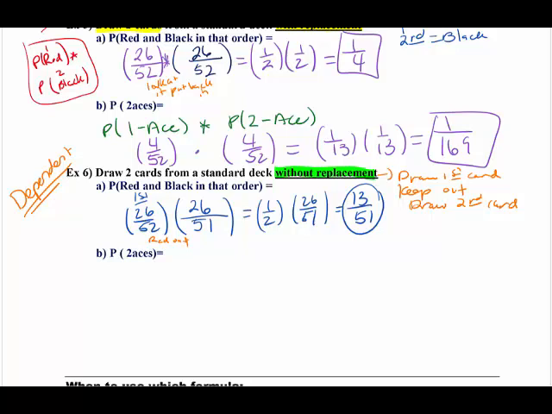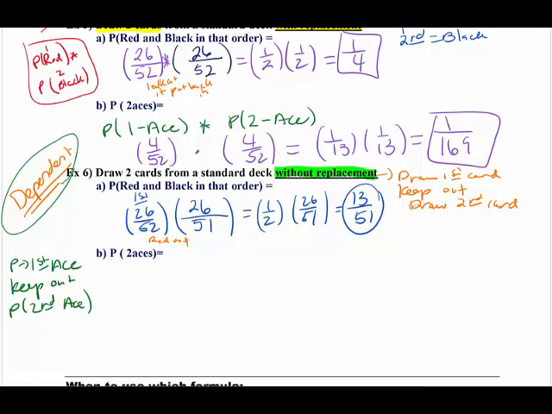So my last one here, I have 2 aces. Again, this is a dependent case because I'm not putting the card back. So in words, what I'm doing here is I want the probability that the first is an ace. I keep it out. And then the probability that the second is an ace.